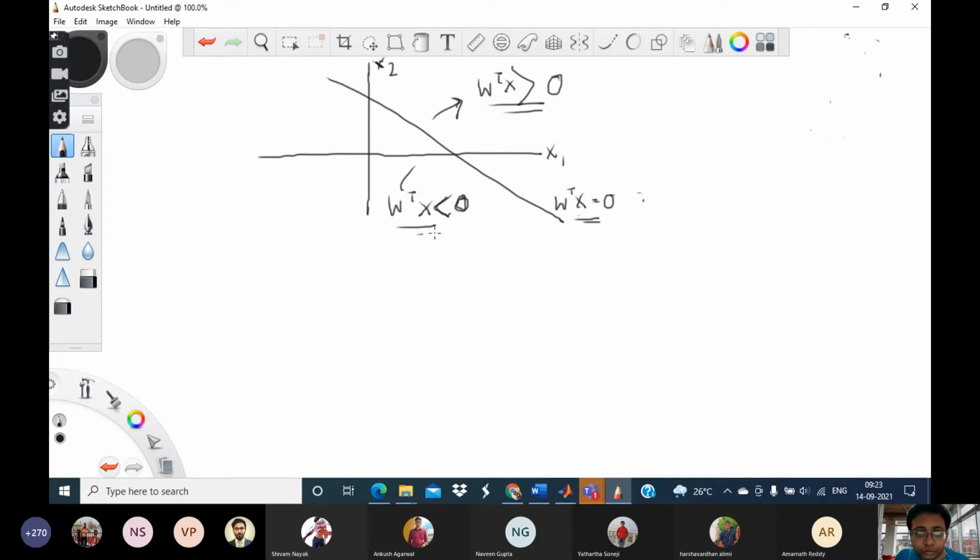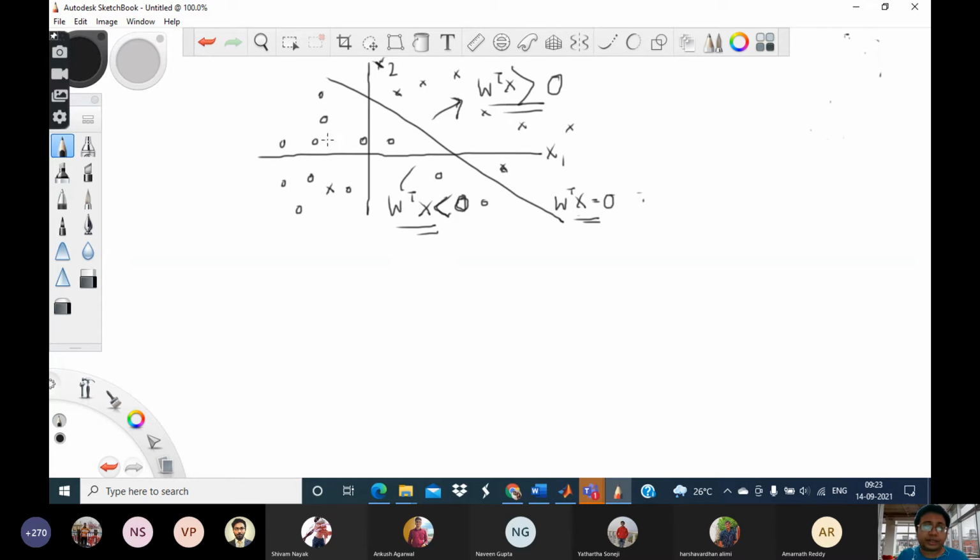So now what I am saying about the labels of the points is that on this side, most of the points are going to have the label 1. Similarly, most points on this side are going to have the label 0, except for some outliers.